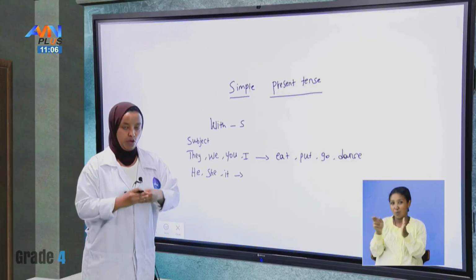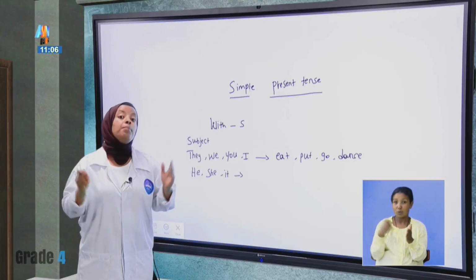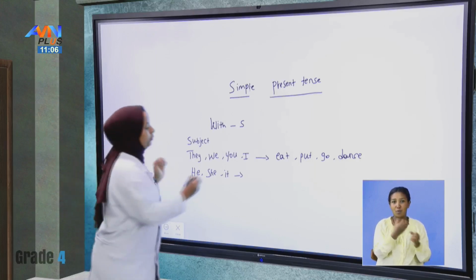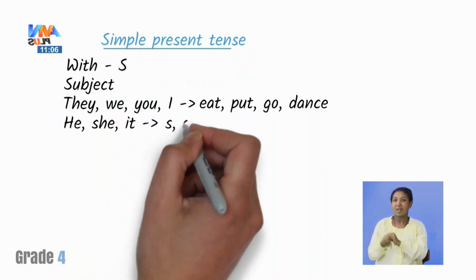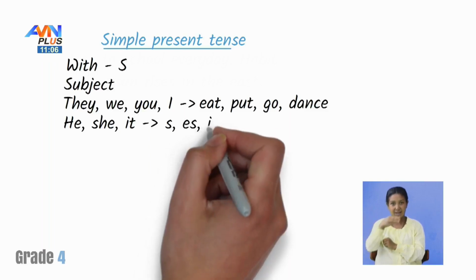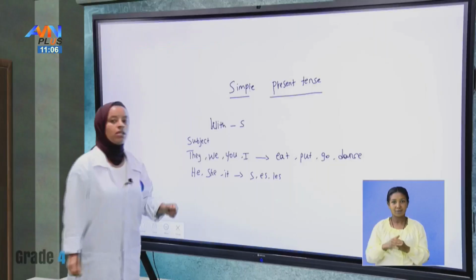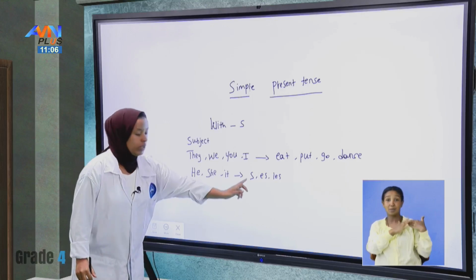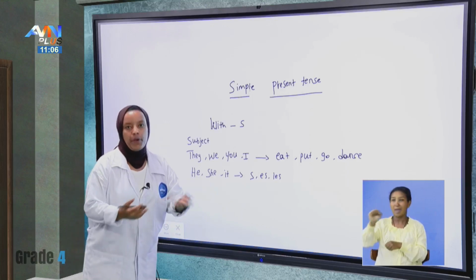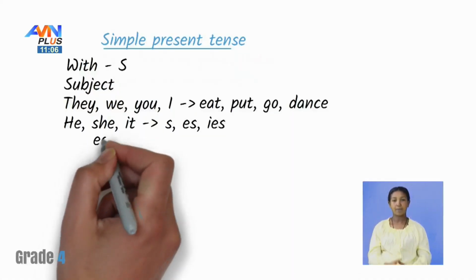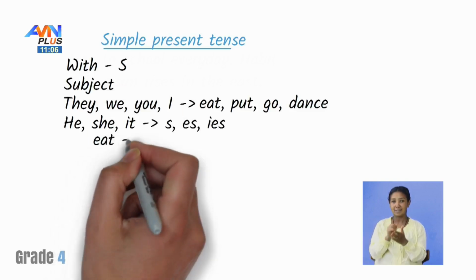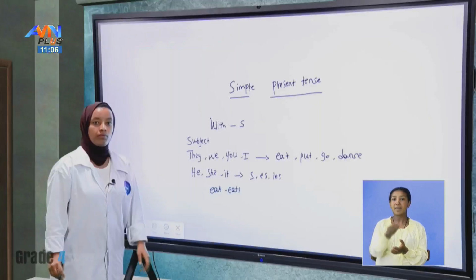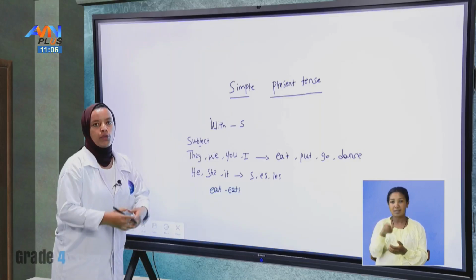Of course, we are going to use base verbs but with a little bit of change by using S, ES, and IES. Students, mostly when we come to singular subjects, we use S. For example, eat, eats. This is easy, and mostly we are using this.